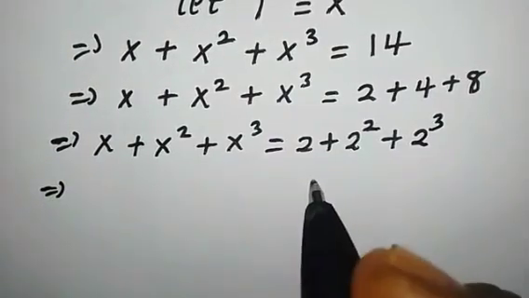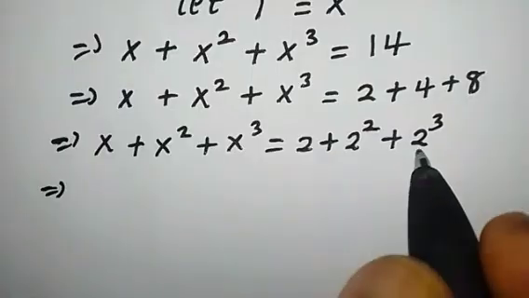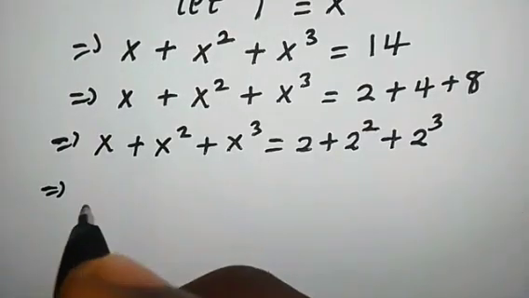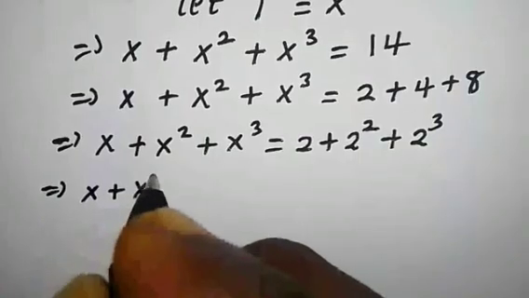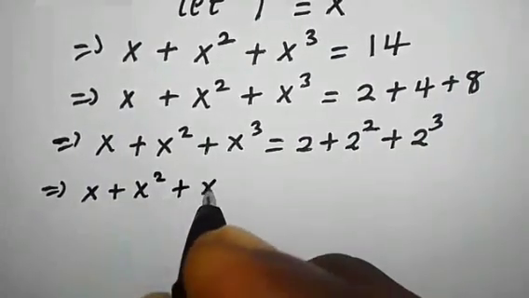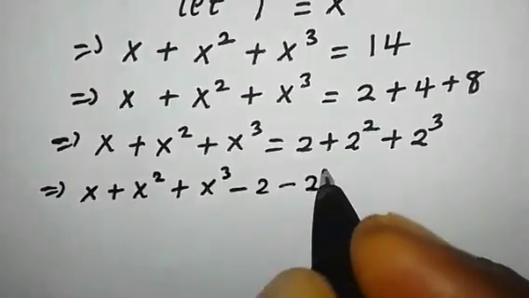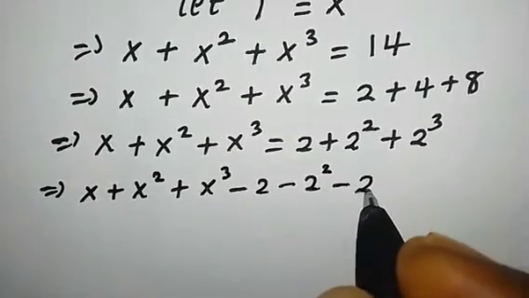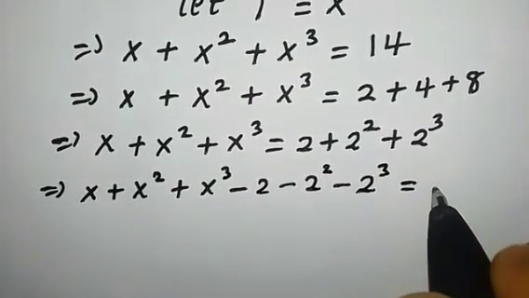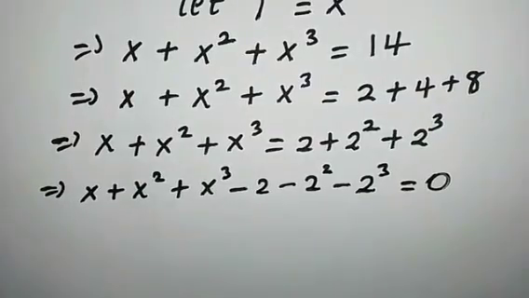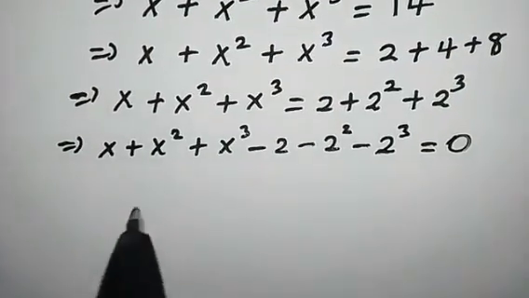Now, let us move each of these constants to the left hand side. x plus x square plus x cube minus 2 minus 2 to the power of 2 minus 2 to the power of 3 equal to 0. Let's continue.